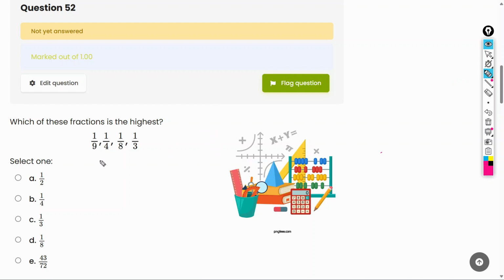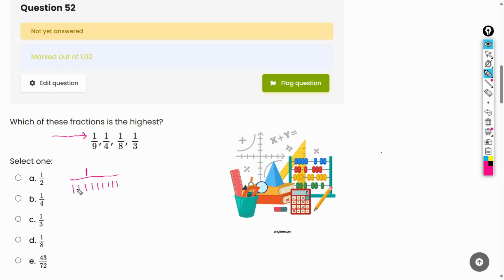Now, the longer way to go around this is to find their LCM and then begin to divide and all of that. But it's easier to compare fractions when their numerators are the same. So in this case, there's 1 as a numerator for all of them. So 1 out of 9 means you have one item and you're sharing it between 9 people.